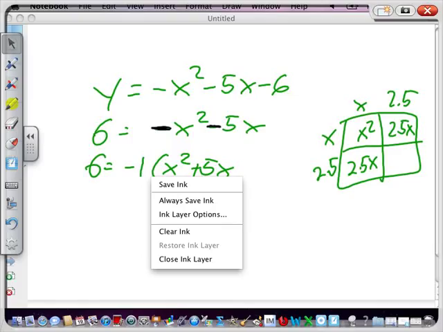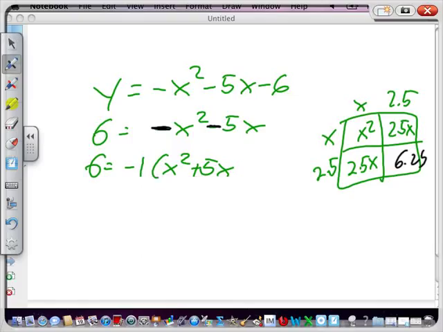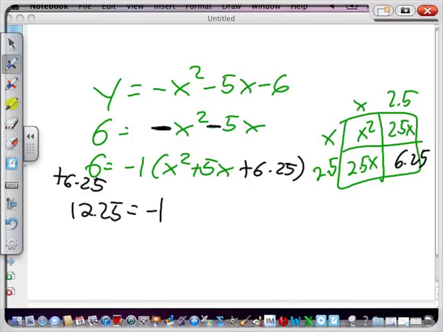6.25. So what do I do with that? I add it to both sides. And I get 12.25 equals negative 1 times x squared plus, oops, I don't want to put all of that. Say it again, Elijah. Thank you. What do I do now?